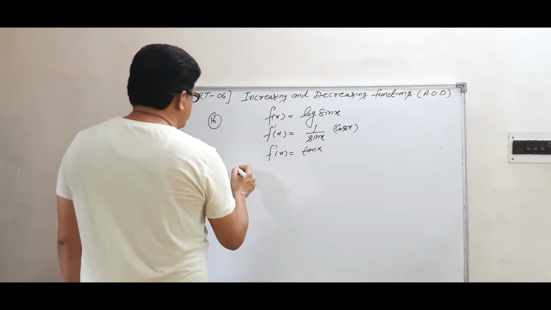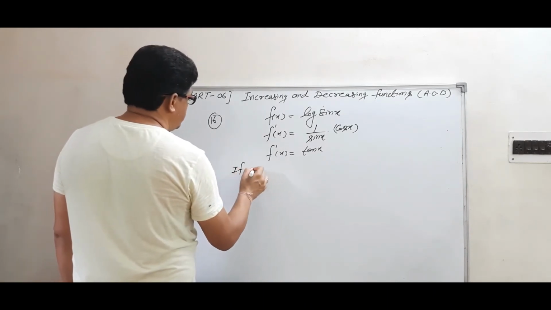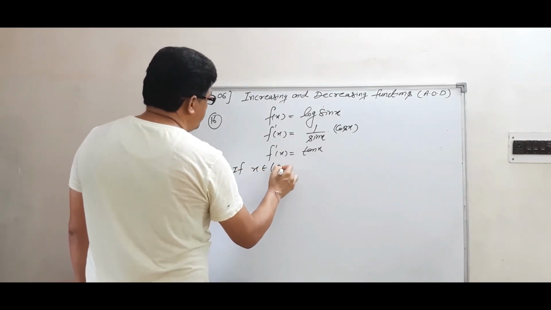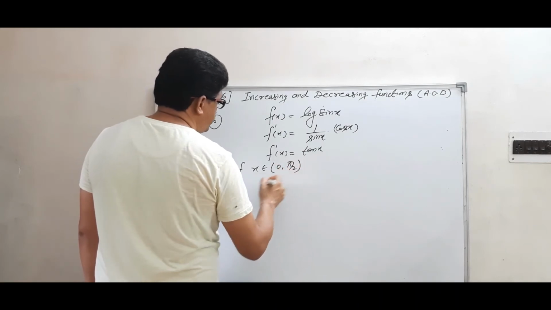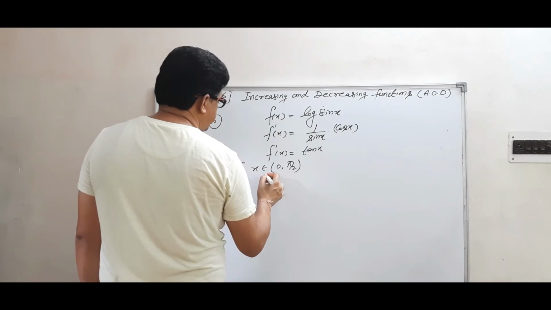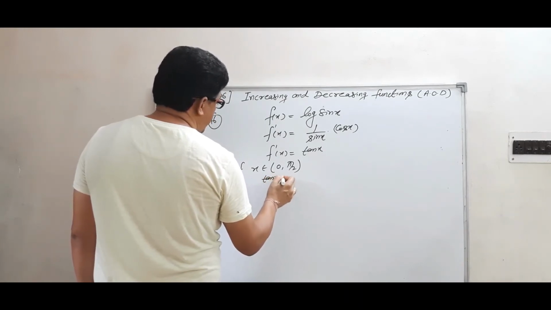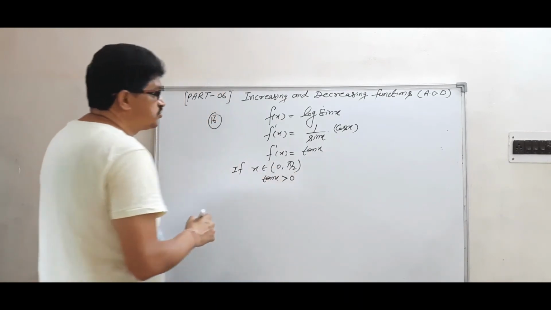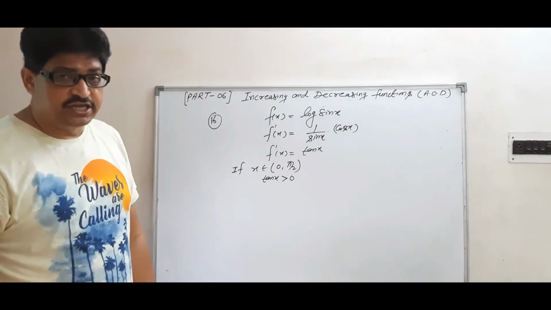If x belongs to 0 to pi by 2, tan x is greater than 0. In the first quadrant, tan x is greater than 0.